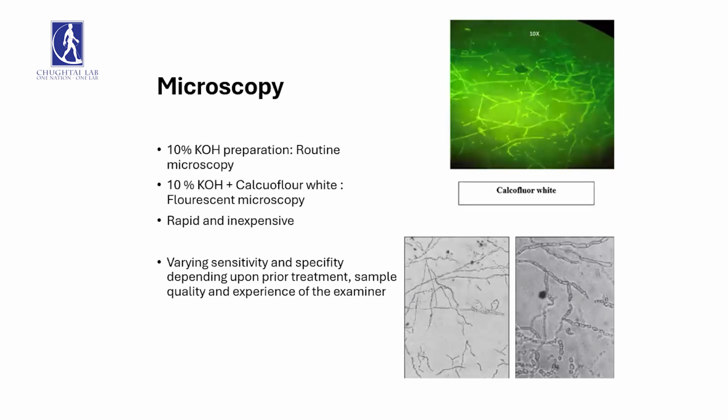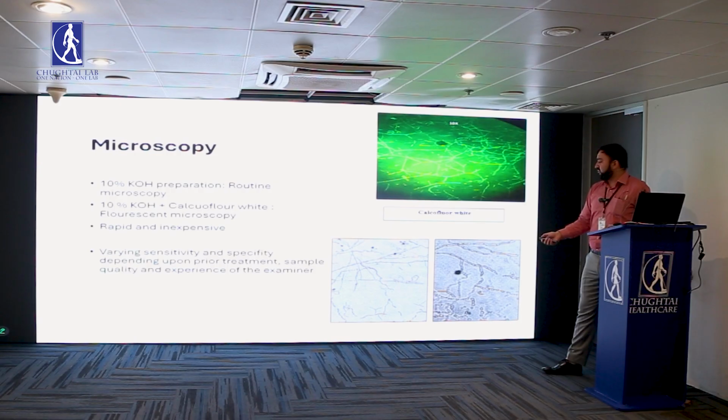The first and simplest diagnostic methodology is microscopy, which can be a direct 10% potassium hydroxide preparation, and that can then be examined under a routine light microscope. So you can see on the bottom the features of dermatophyte fungal elements. These appear as thin septate hyphae with branching at almost 90 degrees.